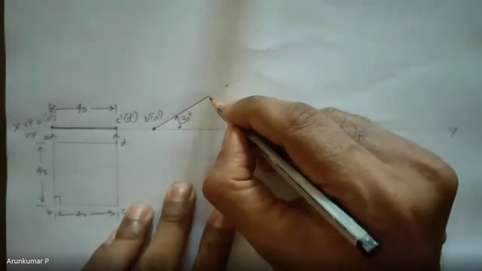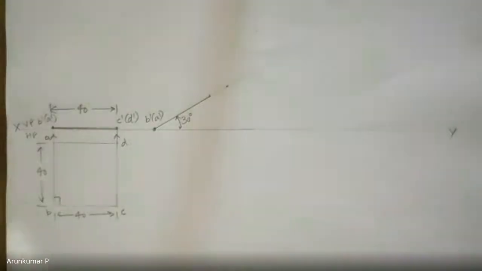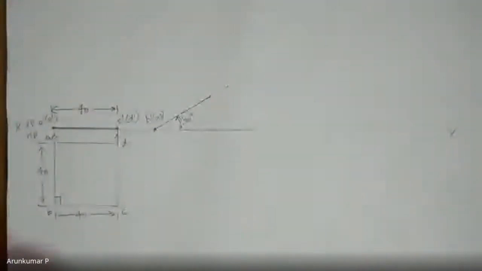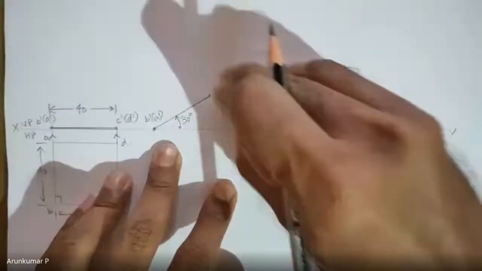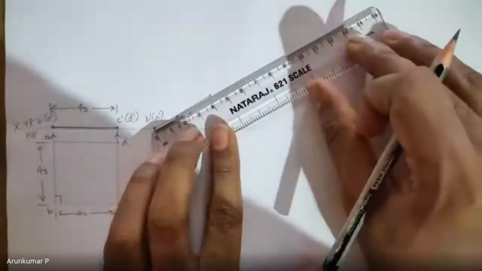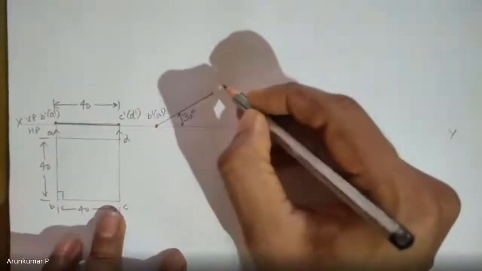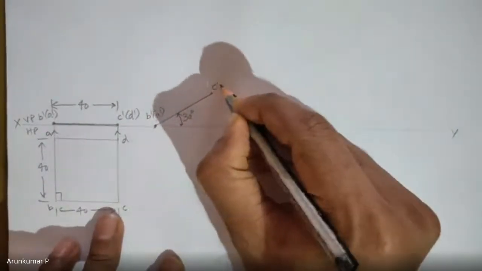So maybe somewhere to here. It will be dark. So 40 mm. So this end is nothing but C dash B dash.